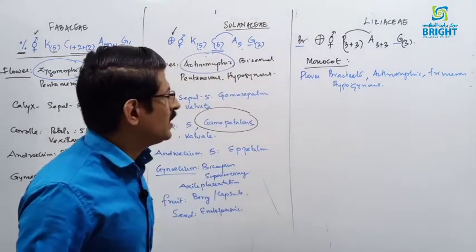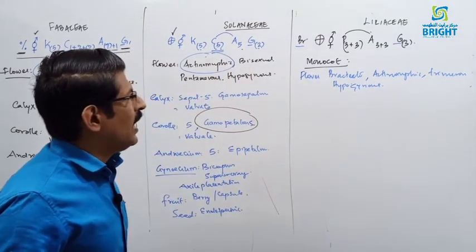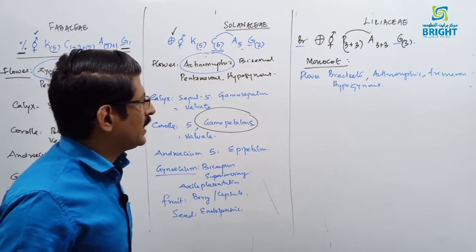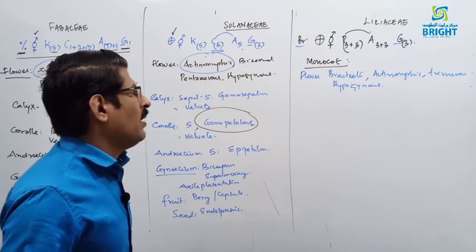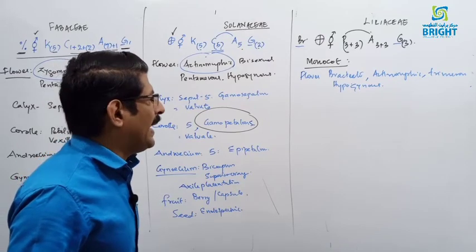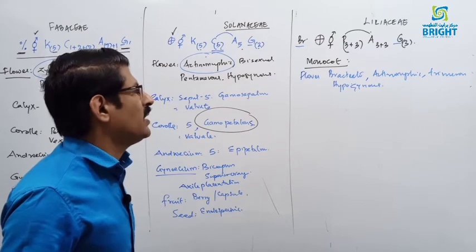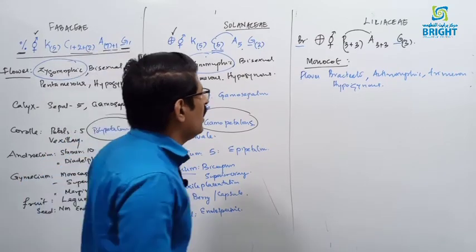So the flower character is bracteate, actinomorphic, trimerous, hypogynous flower. Bracteate, it is with a bract, bracts are present, and actinomorphic, the flower can be divided into 2 equal halves through any vertical radial plane, and trimerous and hypogynous.